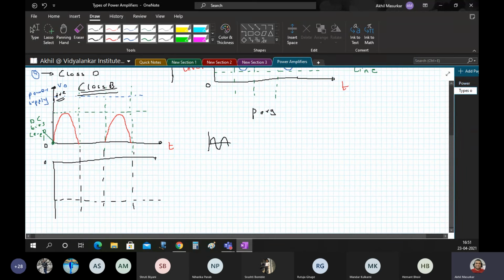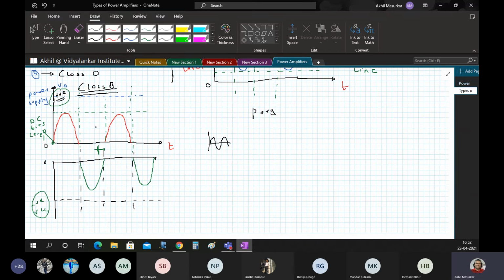If we call the positive one push, here we are pushing it above 0 in the first case, and in the second case we are pulling it below 0, and that is why this operation is called push pull. So if we use these two circuits together with the help of a dual power supply, we can achieve push pull operation, and that is why we go for class B kind of amplifiers.